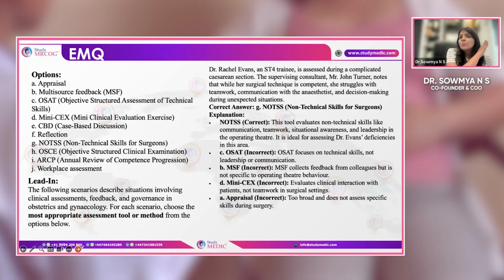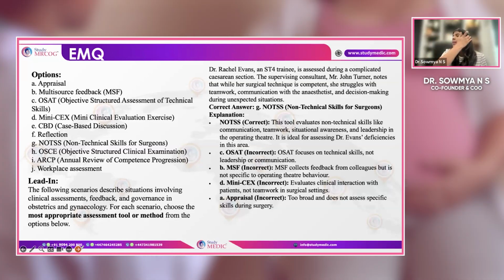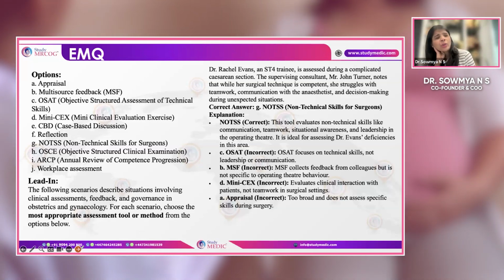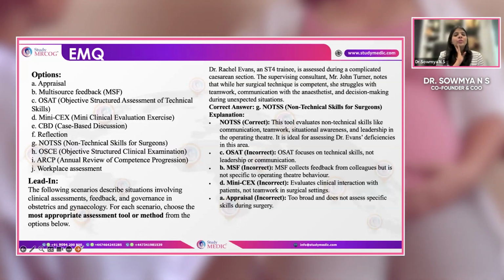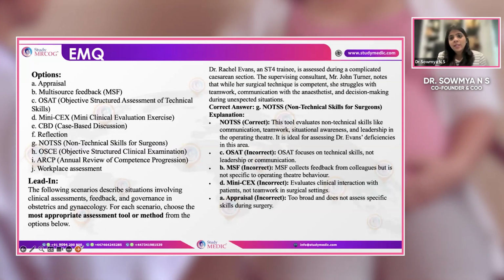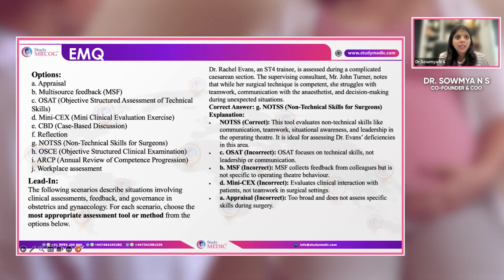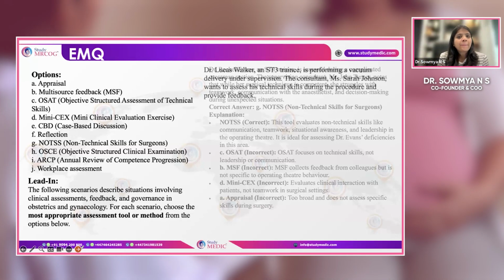See, OSATs, she's perfect, the surgical technique is perfect, but she's struggling with talking to anesthetists, and probably she knows what to do, but how to communicate to the scrub nurse, all those things are softer skills, which is nothing but non-technical skills. I've added a detailed scenario so that you'll be able to understand. Let's move to the next.